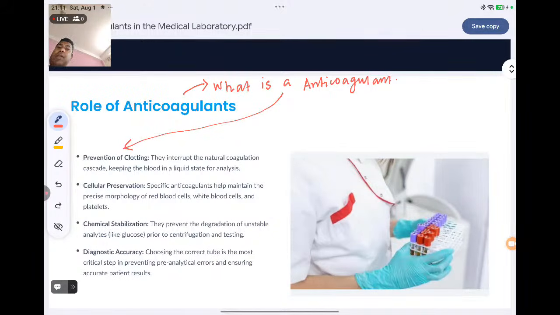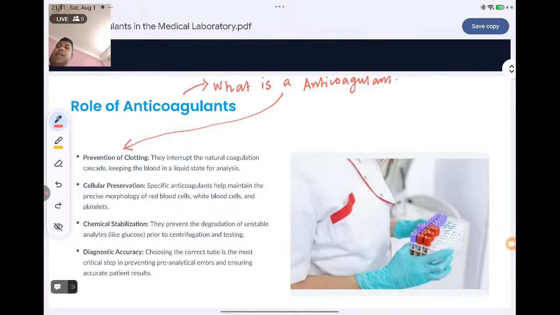Anticoagulant is a substance which helps in the prevention of clotting of blood because some tests in the laboratory require plasma, and if the blood undergoes clotting, we will be unable to extract plasma from it.